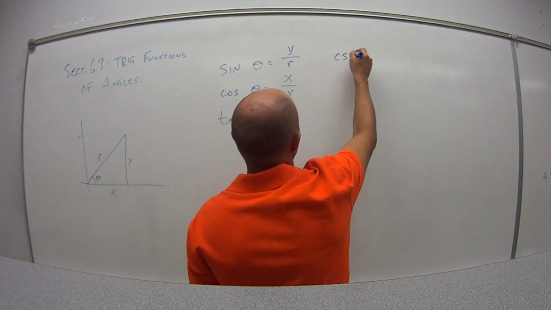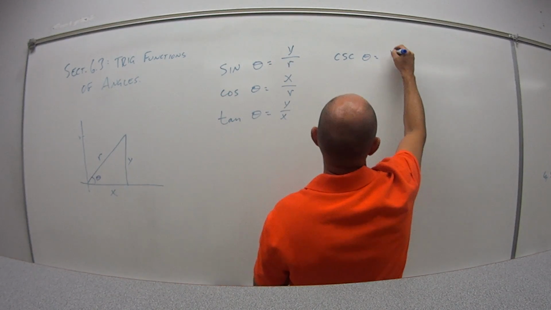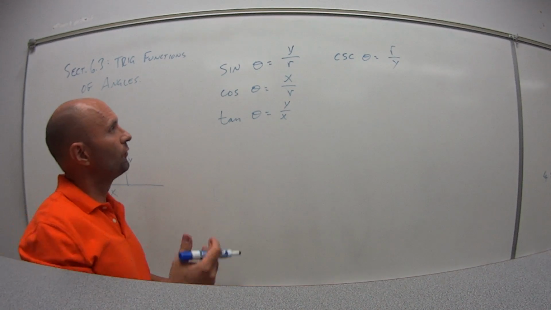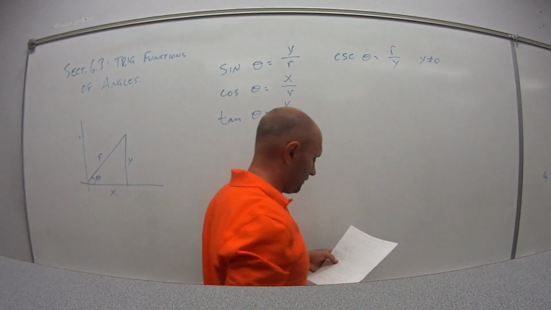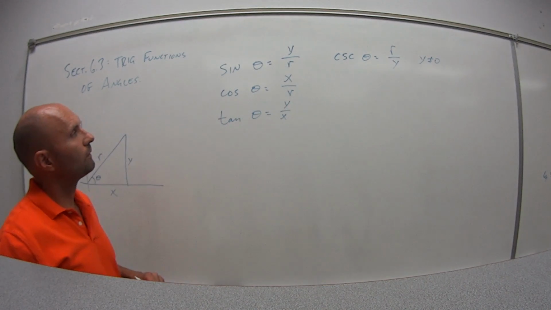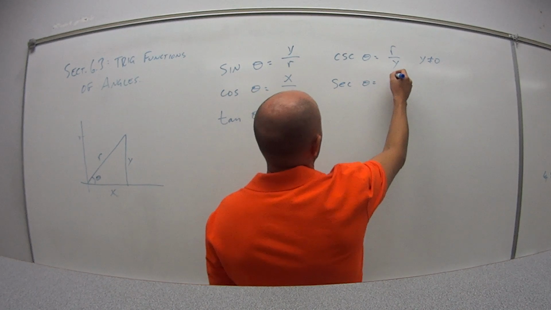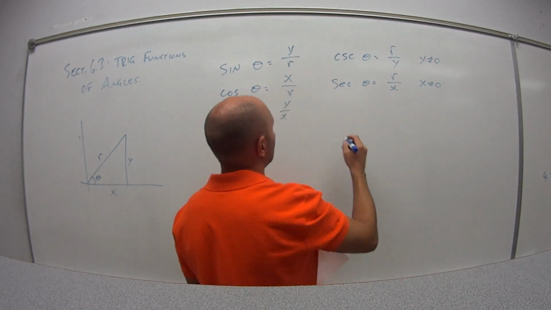Cosecant is related to sine, so that's r over y. In this case, y cannot be 0, obviously, since that makes it undefined. Secant of theta is r over x, and x cannot be 0.